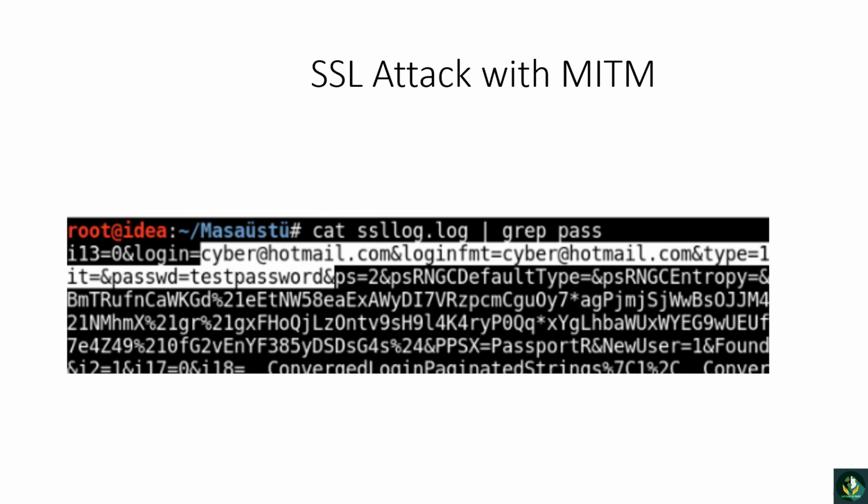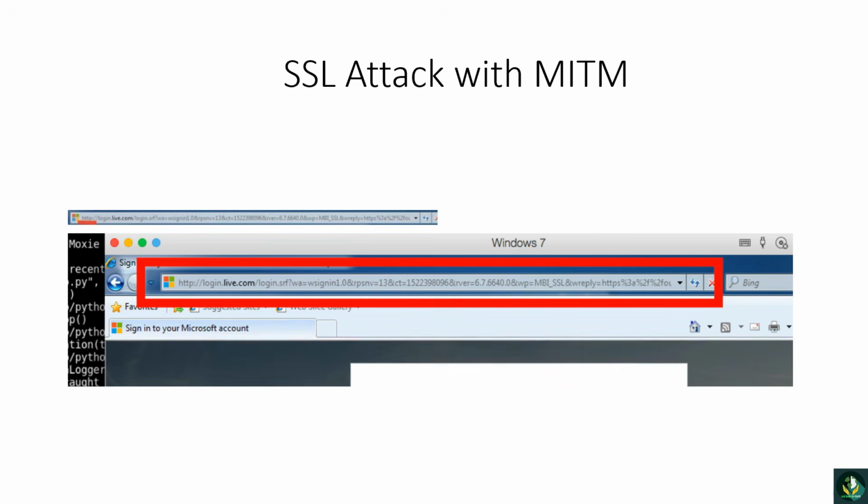As you can see here, the victim computer's web browser connection is HTTP, not HTTPS, because it changed the HTTPS connection to HTTP. So that's all for the SSLstrip attack in man in the middle, and it's pretty easy, I think.